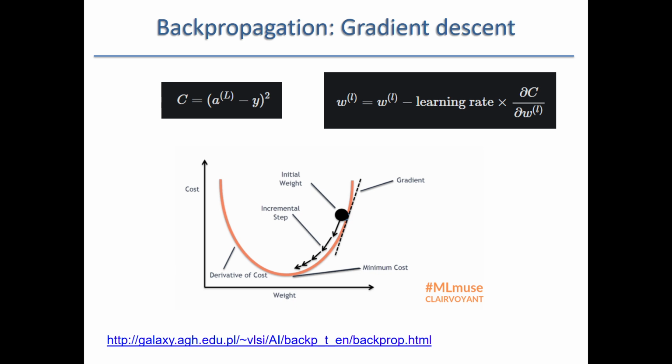So this term will be positive. So now we will make it a little bit smaller, so that in the next iteration, this weight has a better influence on the output and on the cost that we are computing.